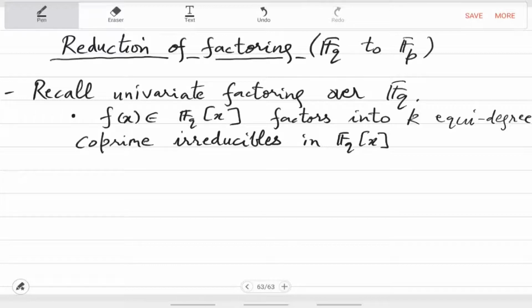So now we want to find these equidegree irreducible factors, given a subroutine to factor FP polynomials. Right. This is our goal. So that is what we will now show.